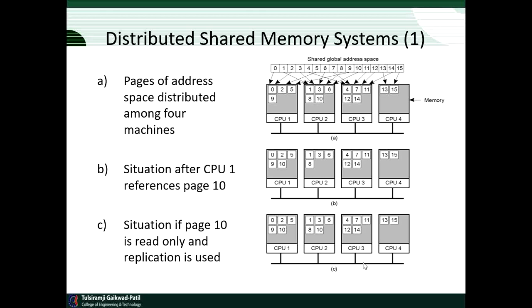So this is also possible. In diagram C you can see page number 10 at both CPU 1 and CPU 2 and they are connected through the network, but in CPU 1 page number 10 is read only, while in CPU 2 it is possible to make changes in it.